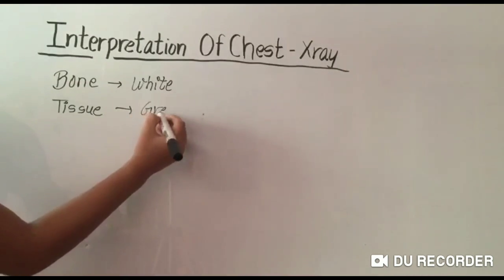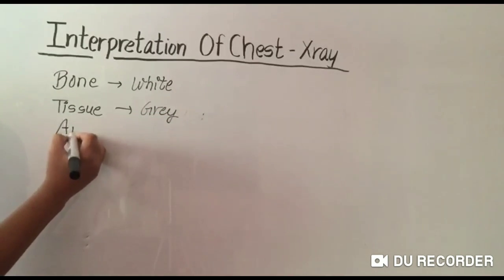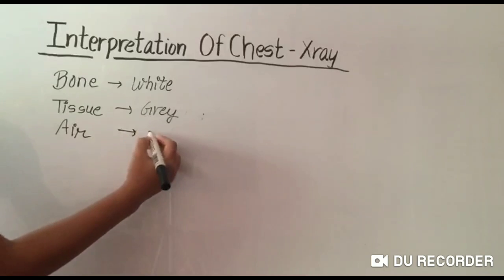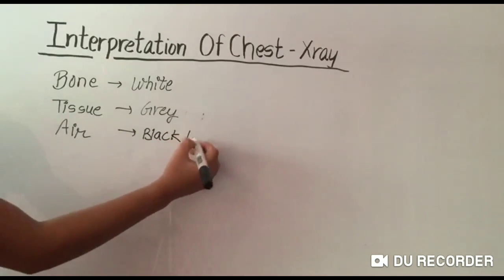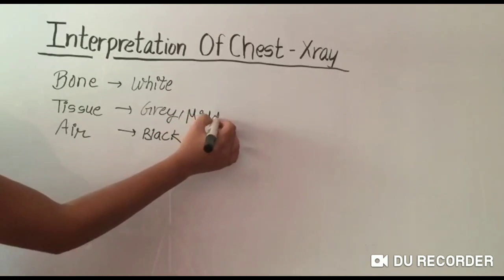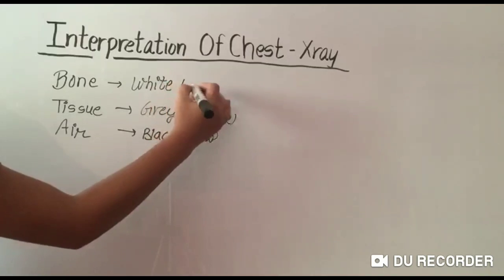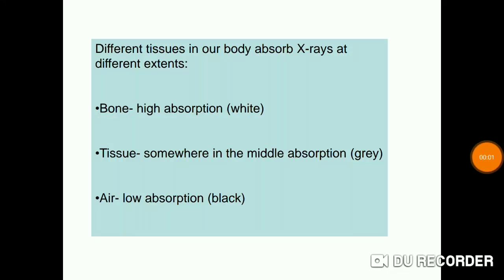We see grey color of tissues in the X-ray, and last is air, which is in the black color. Air has low absorption, tissues have middle absorption, and bone has high absorption of the X-ray. Tissue, somewhere in the middle absorption, shows grey color, and air, low absorption, shows black color.